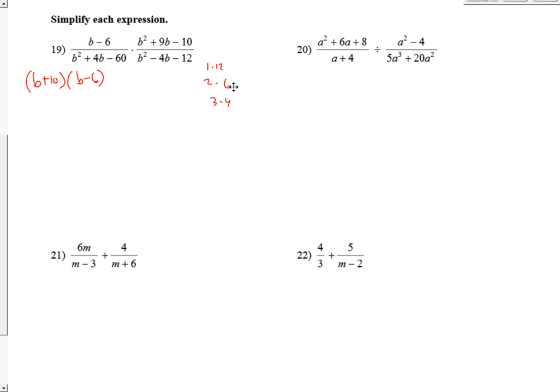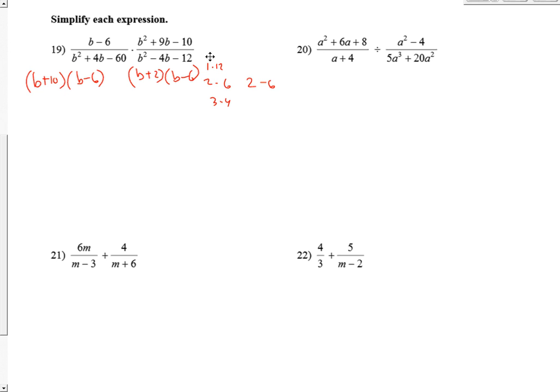Well, 2 minus 6 is negative 4, so that's what I'm going to need, which is going to be b plus 2 and b minus 6. And I'm able to do that quickly because there's no numbers out in front of the b squareds here.